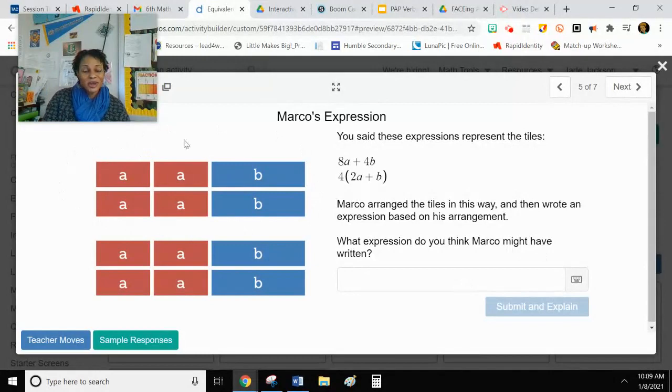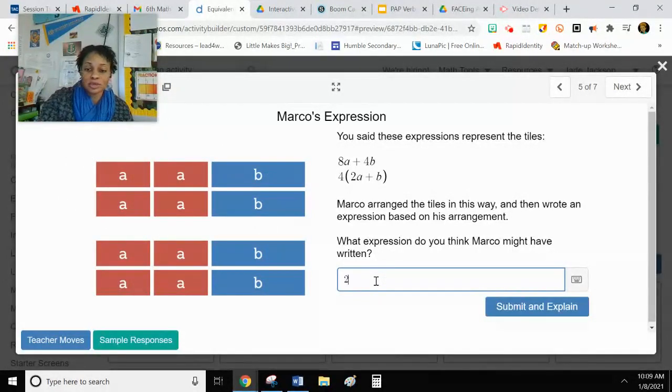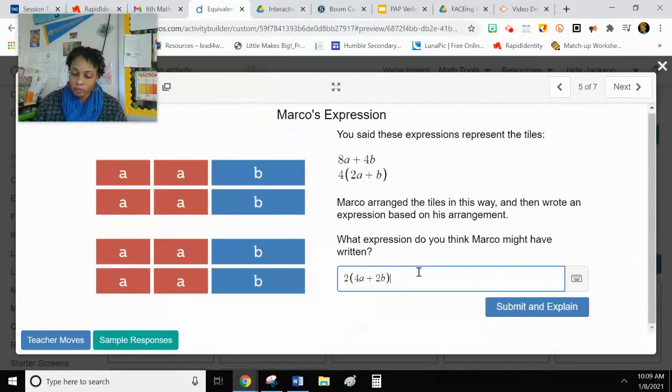So Marco could have written 2 groups of 4A plus 2B, because he has 1 group, 2 groups, and it still gives us what? The same 8A and 4B that was in the picture before, right?